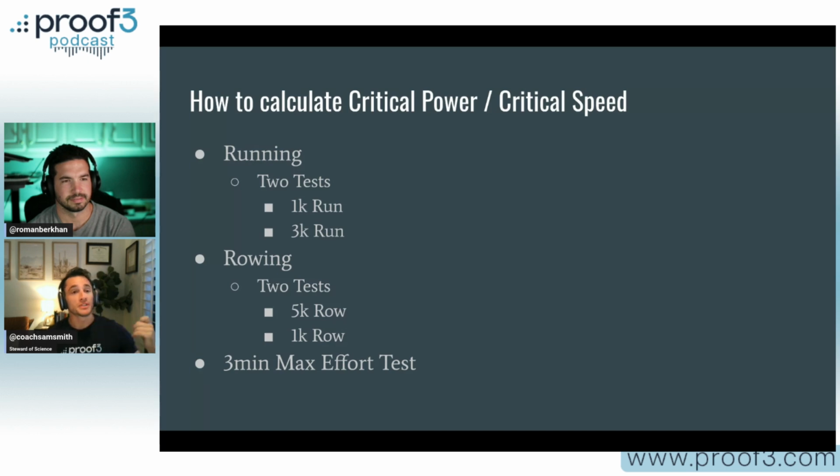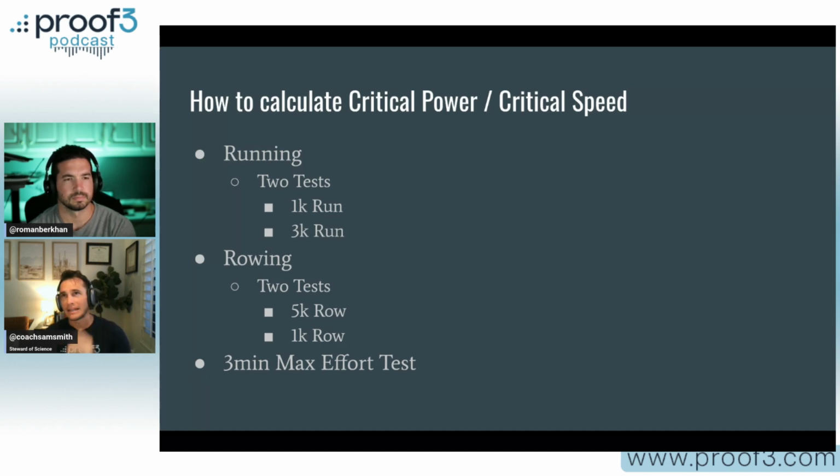And so that's really insightful, because by getting that value, you now know what the maximal sustainable pace is for you on that erg or with running. And that's super important, especially in CrossFit, because that pace is going to be pretty close to what you're going to be holding for a lot of the work you do inside of classic Metcons or qualifiers, the Open, quarterfinals.